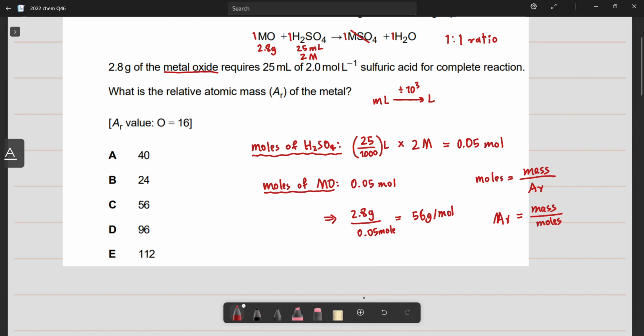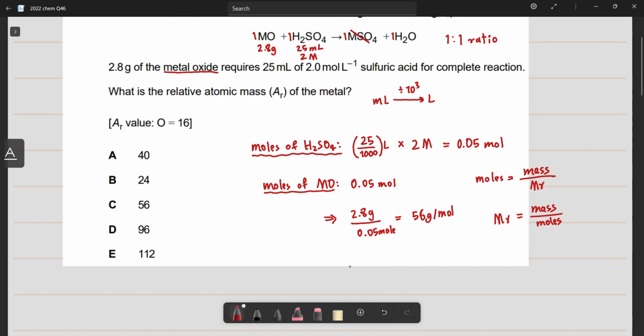The main confusion is that we haven't found the Ar, the atomic mass, precisely for this metal M, but this 56 grams per mole is the molar mass of the metal oxide, this entire compound, not only the metal.